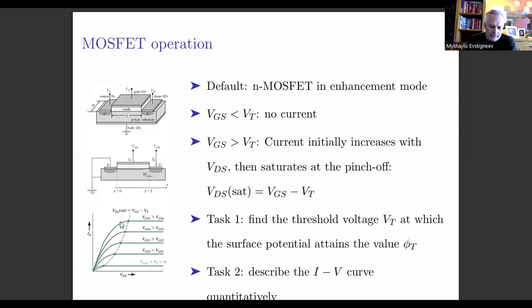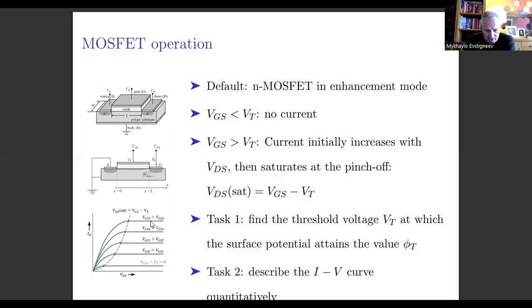And then the rate of this increase gets smaller and smaller, and eventually the current saturates. And then the current doesn't change anymore. Now, in reality, it does increase very little, but we will not be discussing the reasons for that. We will not be addressing the non-ideality effects in this course. So this is just the initial information about this semiconductor device physics.